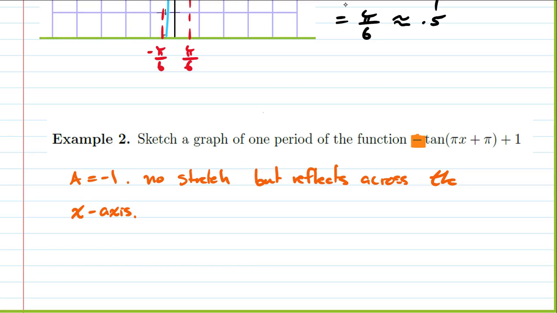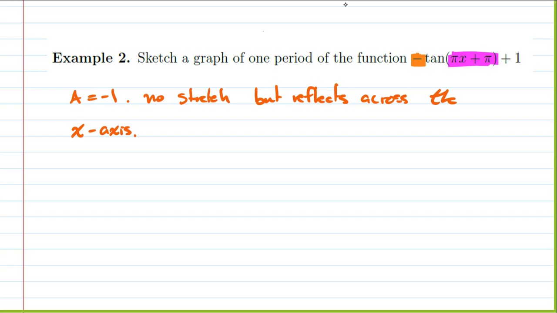And then we've got this going on in here. So we have pi x plus pi, which can be factored into pi times x plus 1.